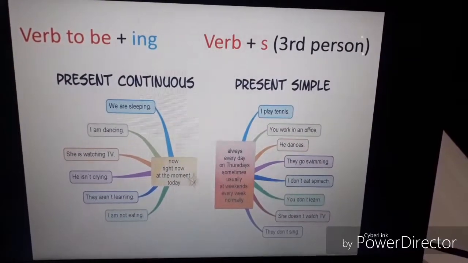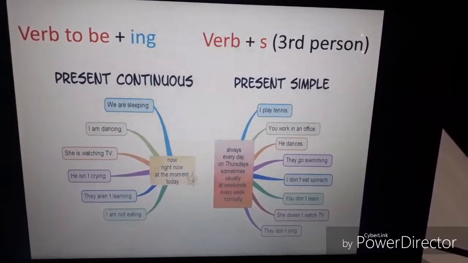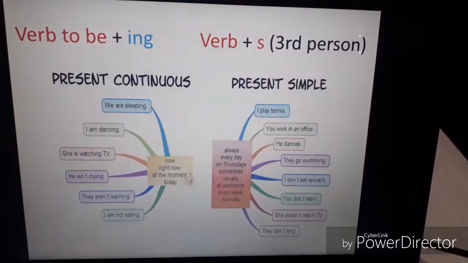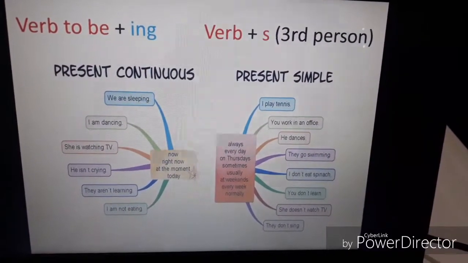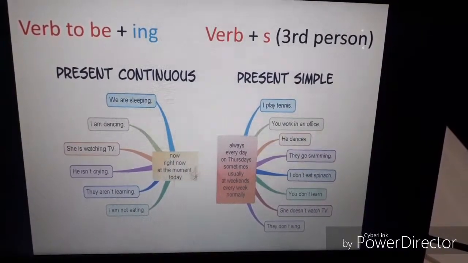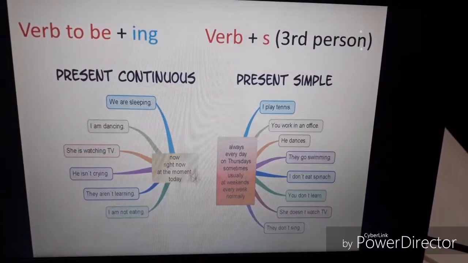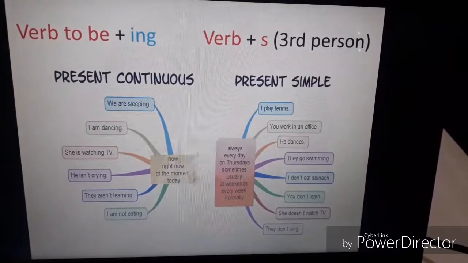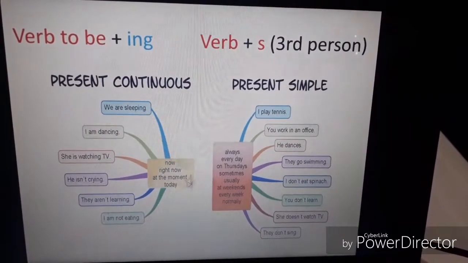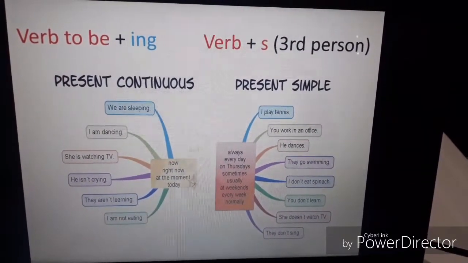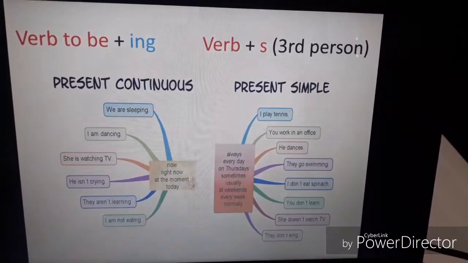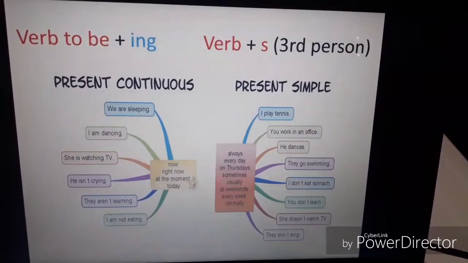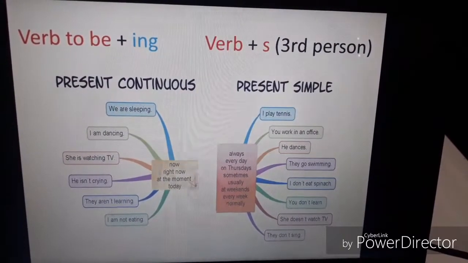When you have third person, you need to add the s or es at the end of the verb. Let's see some examples. So I play tennis, you work in an office, he dances, they go swimming, I don't eat spinach, you don't learn, she doesn't watch TV, they don't sing. So if you see the ones who are in third person, those sentences are with the s.